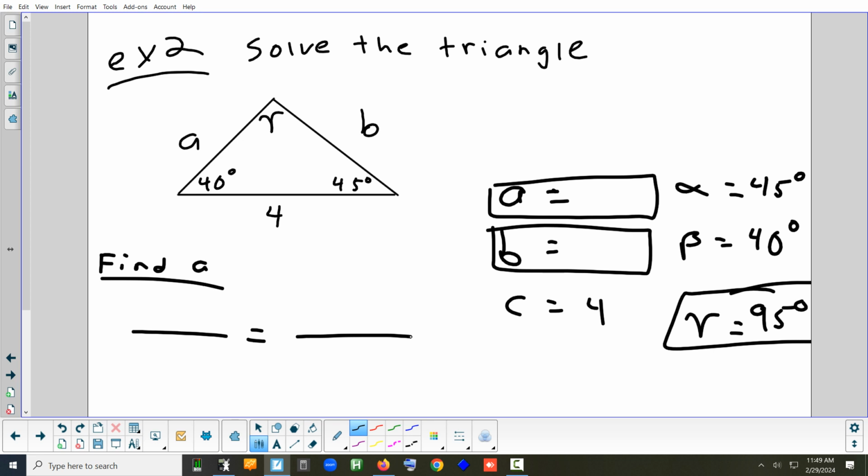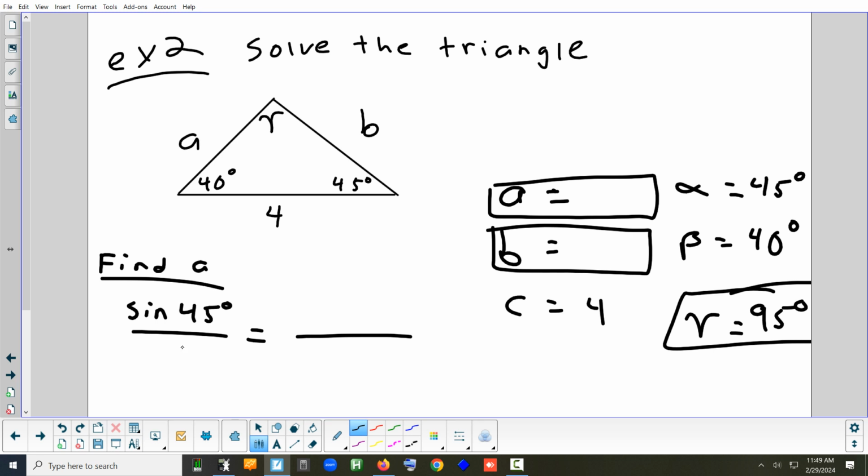Somebody tell me what I would put on the left side. Sophia? Sine of 45.